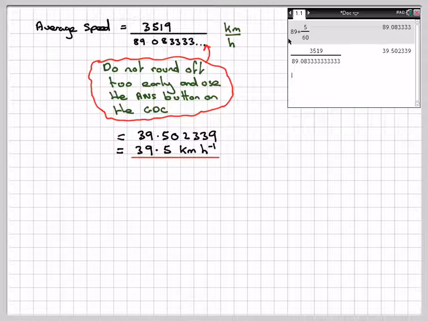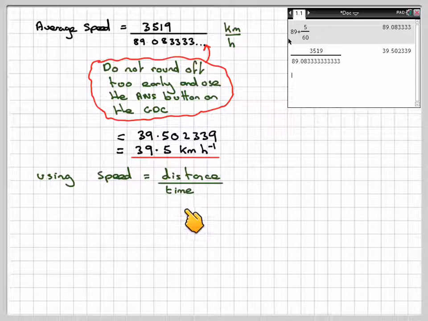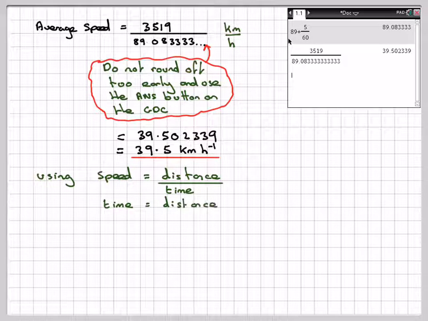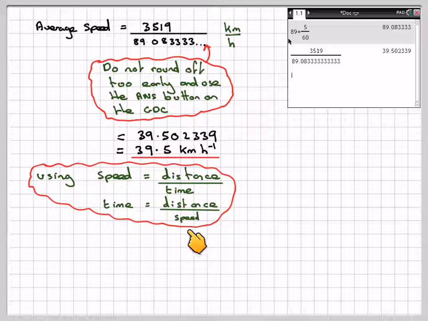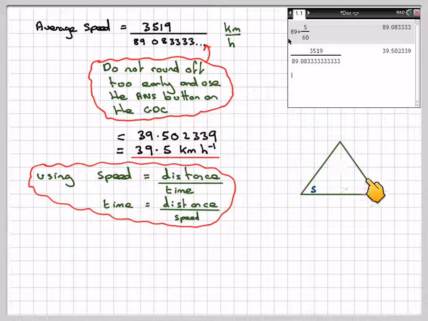Now he's going to travel at that speed for another 50 kilometers. So using speed is equal to distance divided by time, if we want to work out time, it's going to be distance divided by speed. Now, one way that people like to remember this is to make a little triangle: speed is distance divided by time.